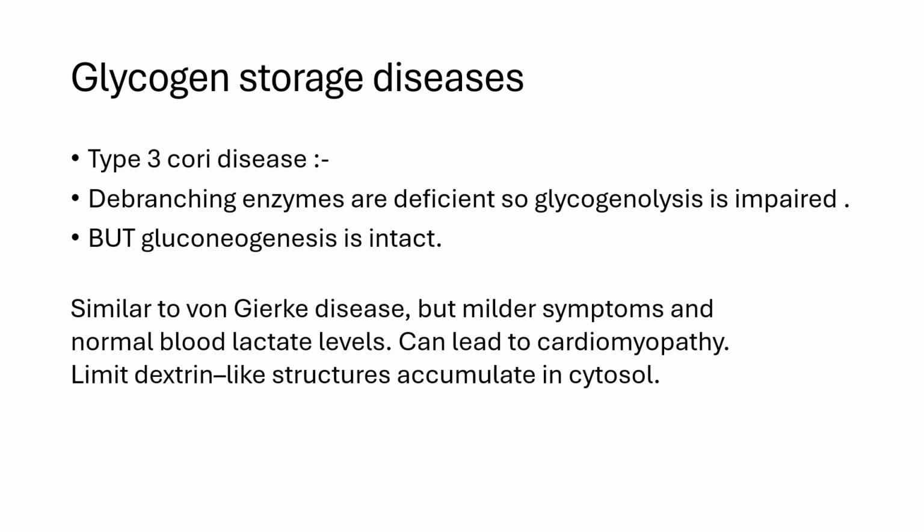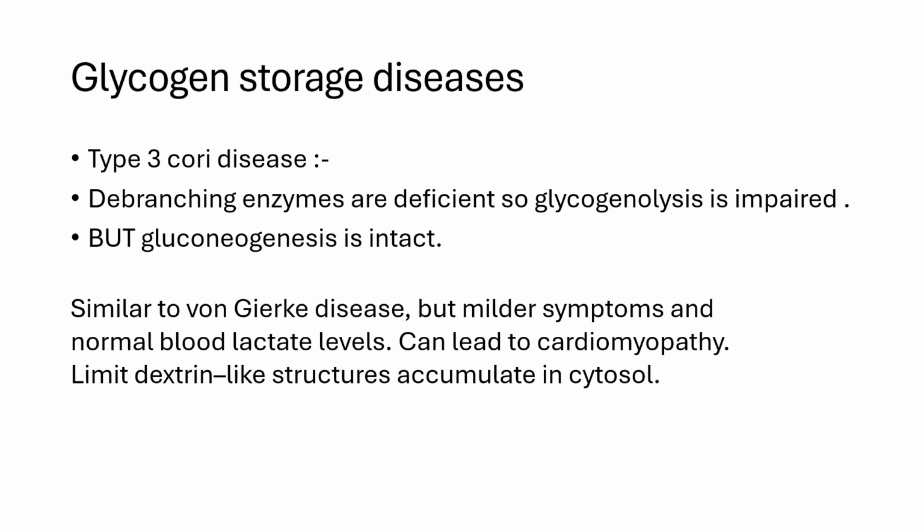So the clinical presentation is similar to Von Gierke disease, but with milder symptoms and normal blood lactate levels, and this can lead to cardiomyopathy, with limit dextrin-like structures occurring in the cytosol.